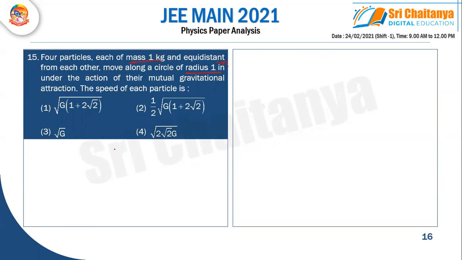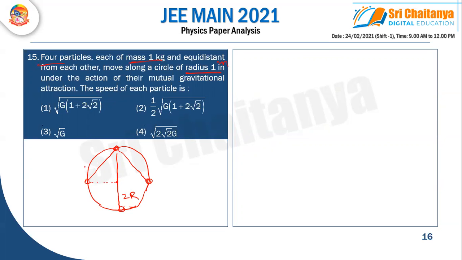We need to draw a proper circle with four particles. Let me concentrate on the four particles and look into the distances, and this will be 2r, which I need to find, of course. And this will be an isosceles triangle.